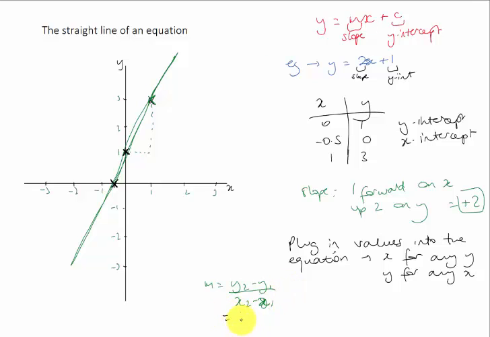So it would be 1 minus 0 over 0 minus minus 1/2, sorry. So that would be 1 over 1/2, which is 2. So that's the same as, so we can get that from our different points and we can work it out, and that corresponds.